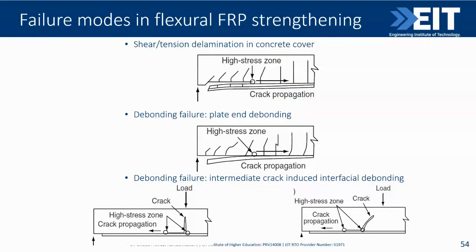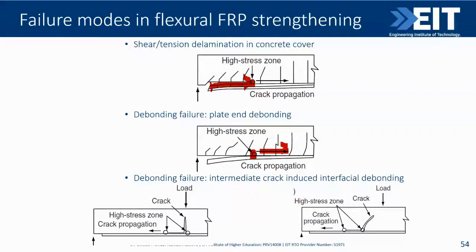Then another three of them, where debonding comes in. The shear tension delamination starts at the top and propagates towards the middle. The debonding failure again starts in the middle and then propagates from this point.